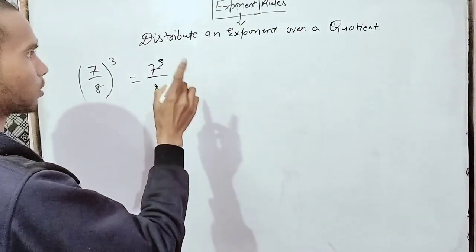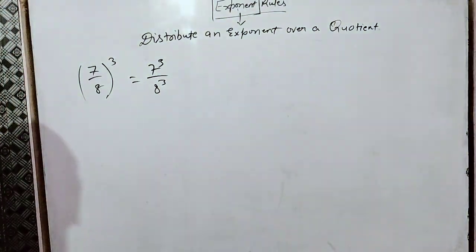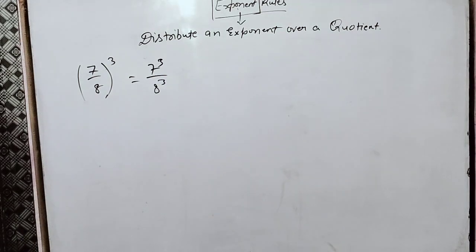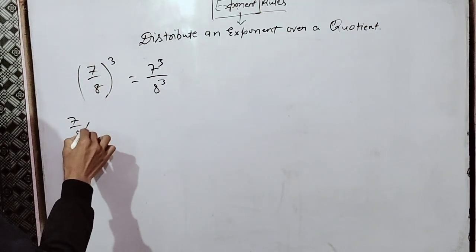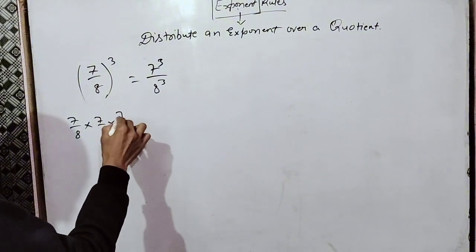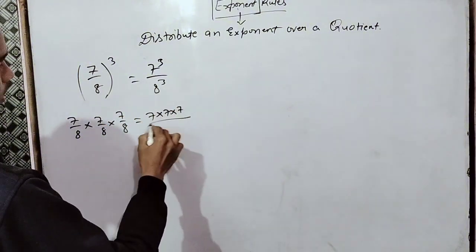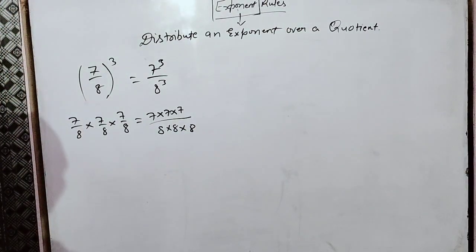So here we distributed the exponent, as our statement was the same. So we wrote it differently. Clear? So it is making sense. It is saying 7 by 8 and 7 by 8 and 7 by 8, how many times? 3 times. 7 is 3 times and 8 is 3 times.